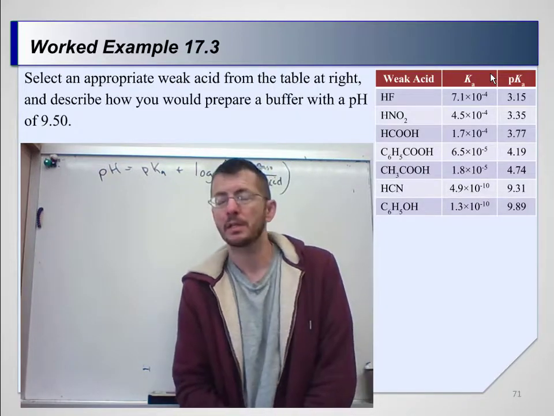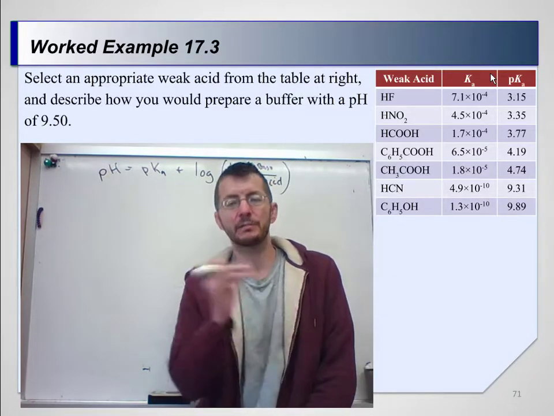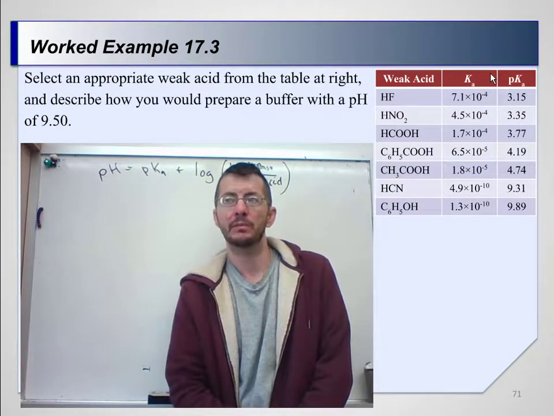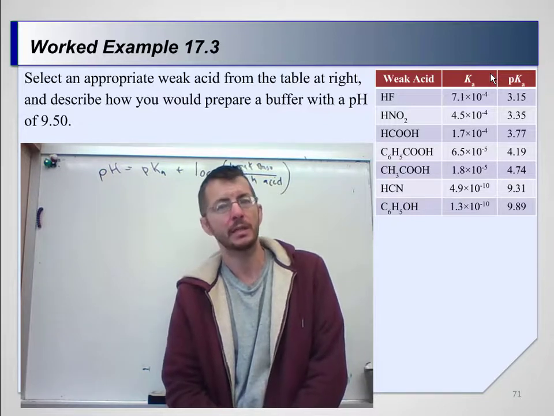That's just how it works. Again, we can go plus or minus 1 pH unit, so we could get away with about 8.5, or we can get away with about 10.5.